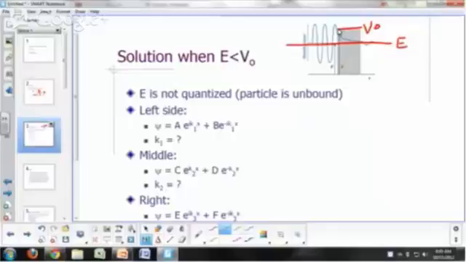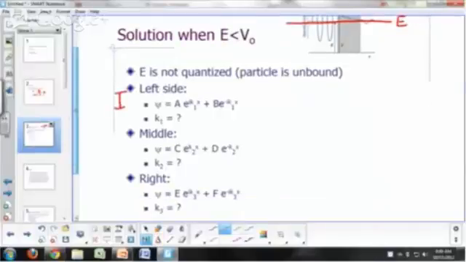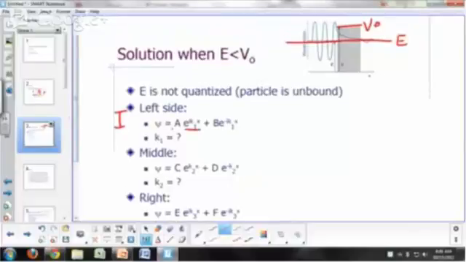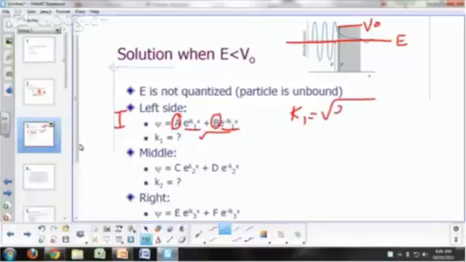Psi on the left side, region 1, would be equal to A e to the ik1x plus B times e to the negative ik1x, where A and B are integration constants. And this is basically the free particle differential equation that we had before. What was k1 for this? k1 is the square root of 2 times the mass times the energy, divided by h bar.